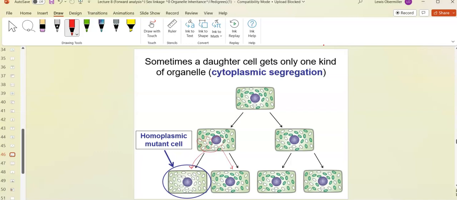You could have the same thing going on here, where the daughter cell is shown as a mix, but it could just be all green too.